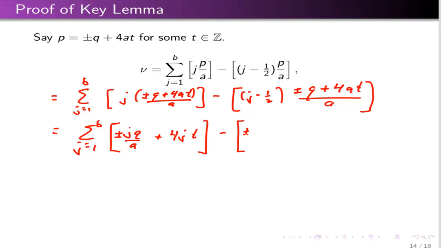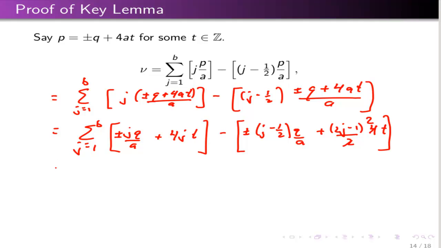And here we've got plus or minus (j - 1/2)q over a. Again, we'll have this even number coming out. So you'll have, let's write it as (2j - 1)/2 for t, and then the 2 cancels there.